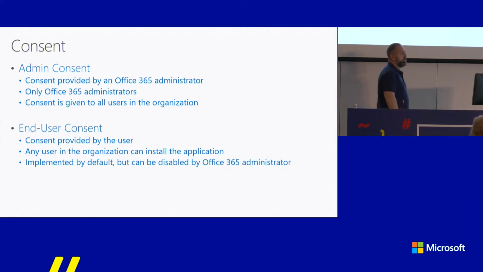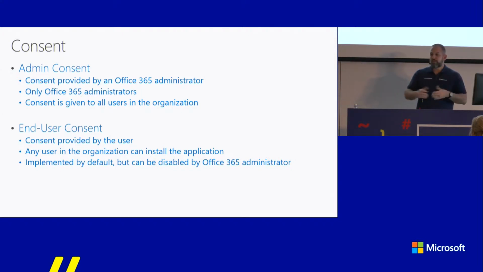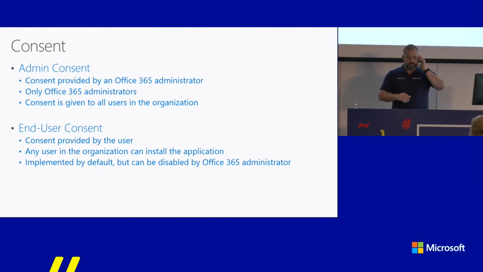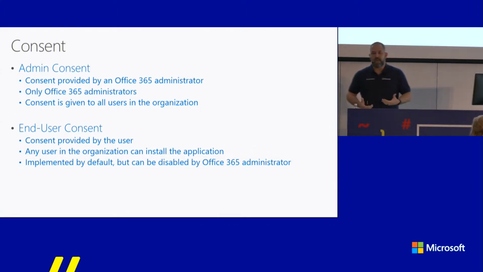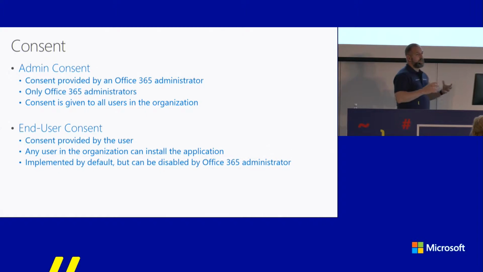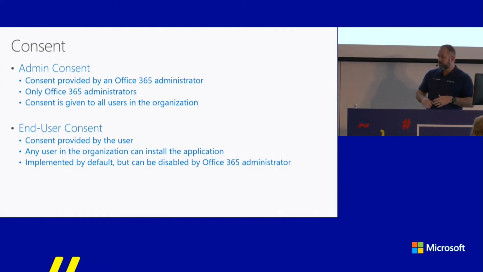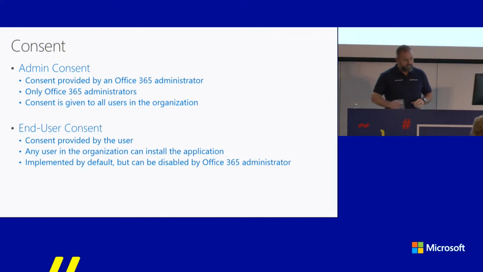With consent, there are two types, admin consent and end user consent. Admin consent is when an Office 365 admin provides consent for an application, and it's only available to Office 365 administrators. When they give it, it's given to all users in an organization or an enterprise.